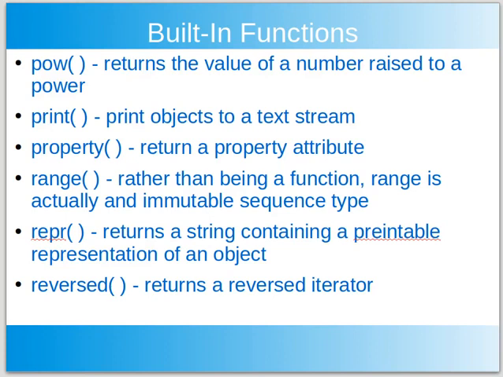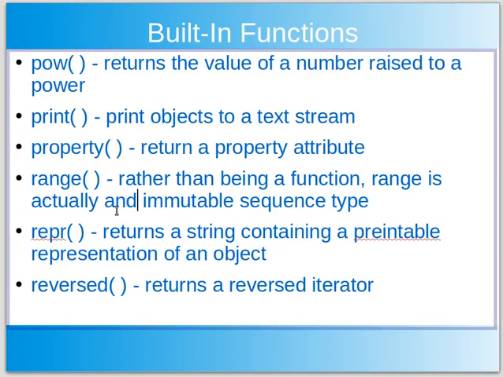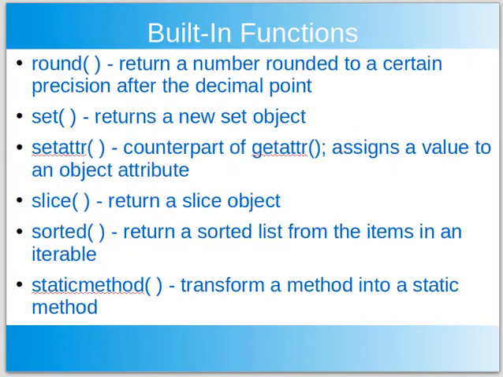Range, rather than being a function, is actually an immutable sequence type. Repr returns a string containing a printable representation of an object. Reversed returns a reversed iterator. Round returns a number rounded to a certain precision after the decimal point.